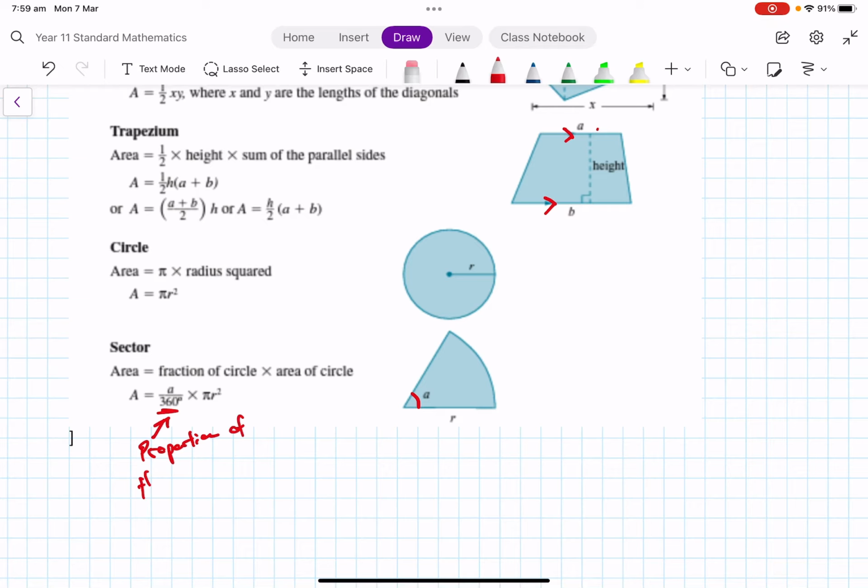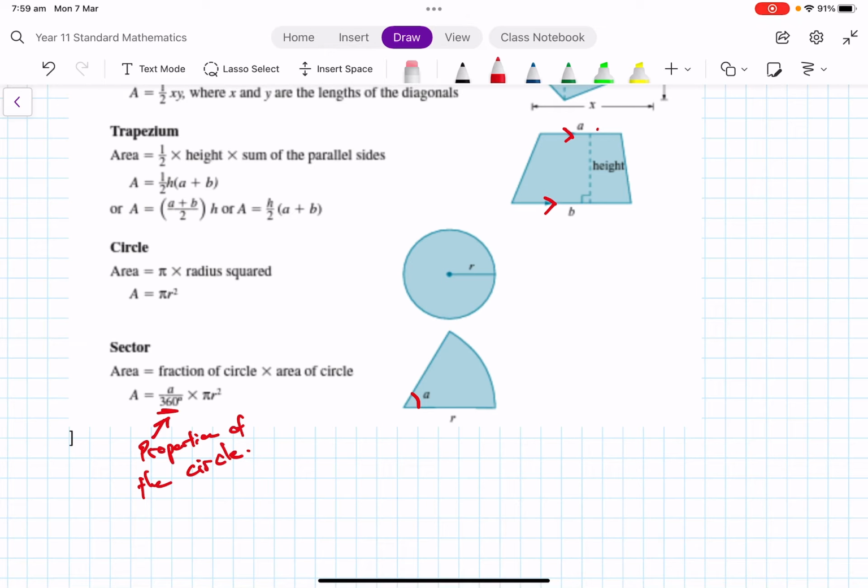So if you've got 90 degrees, obviously it's 90 over 360, that simplifies to a quarter, but any angle just works, and you just multiply that. So basically you're saying the proportion of pi r squared. That's what the multiplication is, proportion of pi r squared.